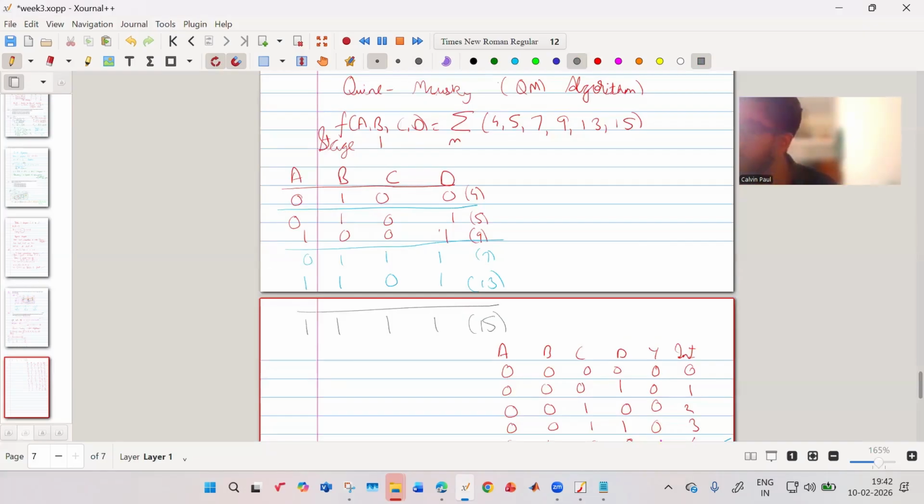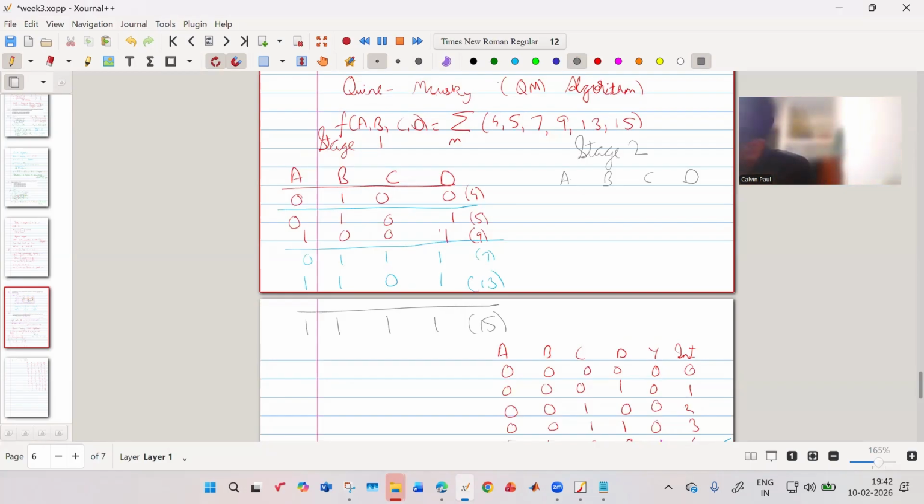Now you have to construct what is known as your stage 2. Stage 2 is what? You have your A, B, C, and D. Okay, let us try how much can be done.